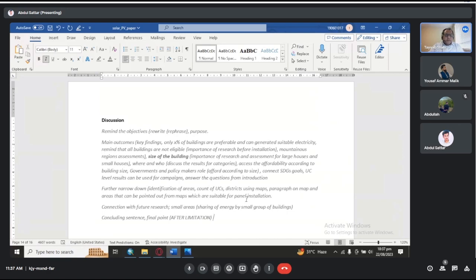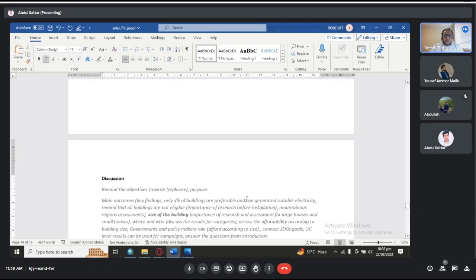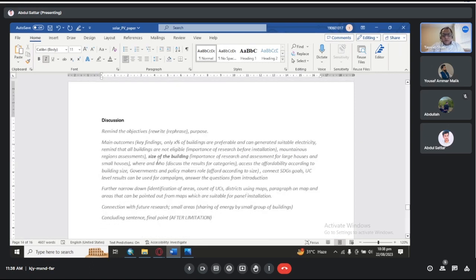Then we want an opinion, maybe Yusuf or somebody else can give a quick reading to see whether the overall document flows or whether we are missing anything. Once we have confidence, the paper will be ready for submission. As the leading author, Abdul Sattar, you are going to submit that paper. I will help you with how to submit it and prepare cover letters and those kinds of things.